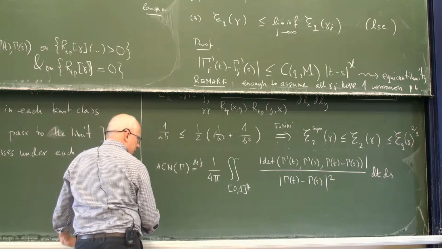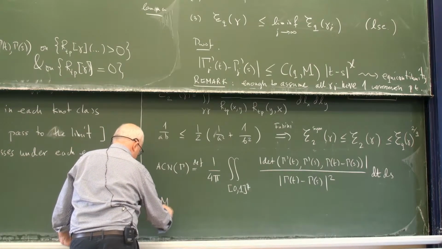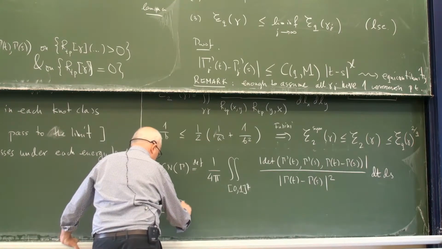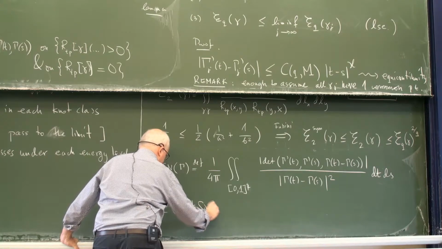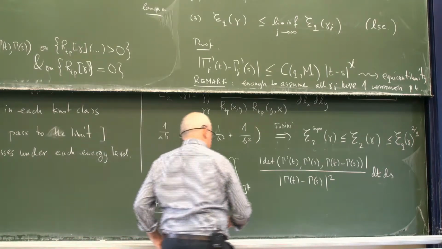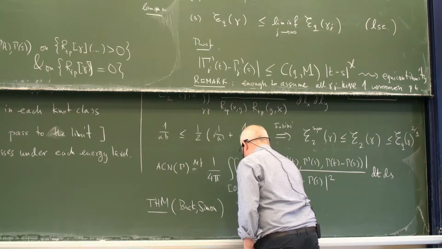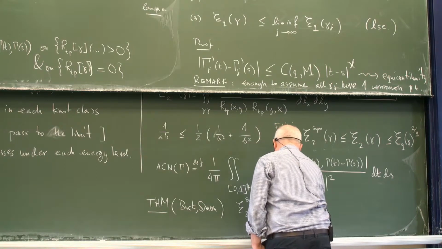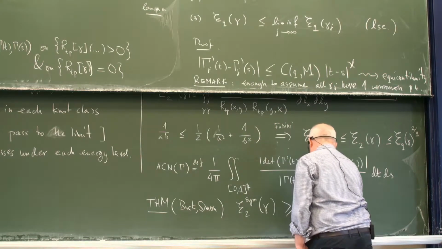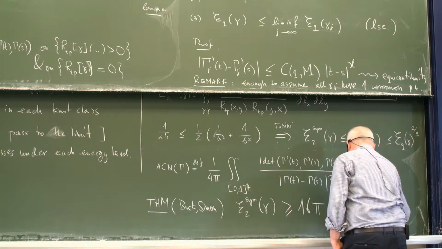It turns out that there is a theorem due to Buck and Simon that E2, the symmetric version of gamma, is at least 16 pi times the average crossing number of gamma.